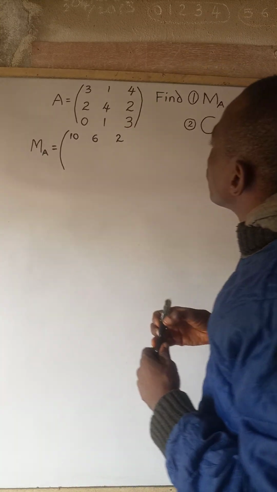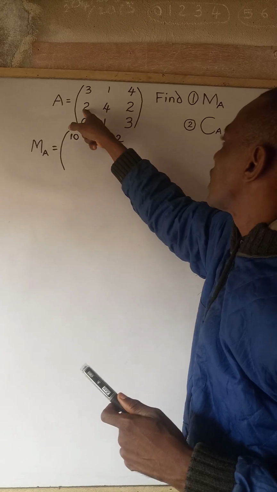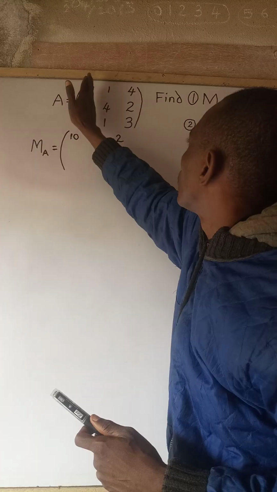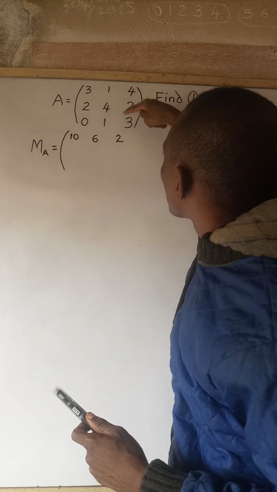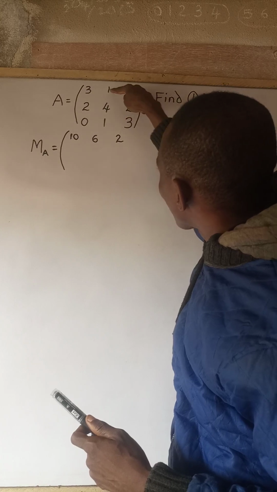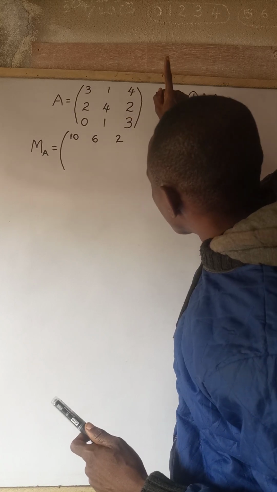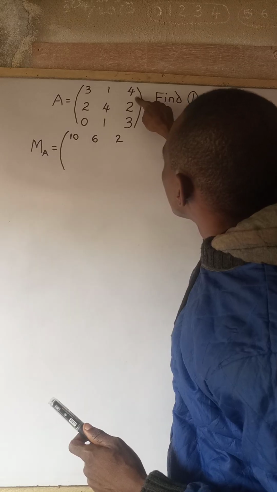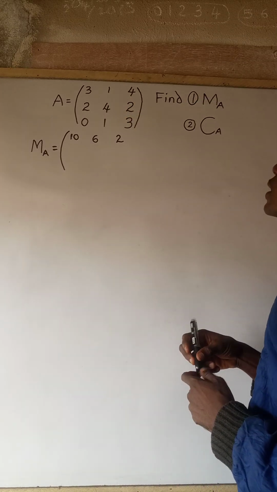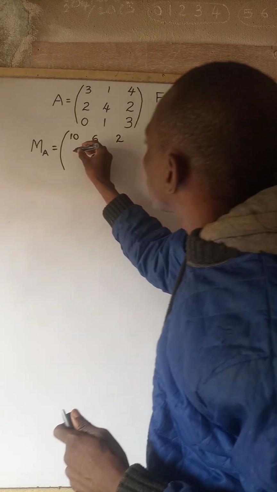We move to the fourth element. For the fourth element, I will delete the row and the column. When I do, we will have this and this. So 1 times 3 will give us 3. 1 times 4 will give us 4. So 3 minus 4 will give us minus 1.